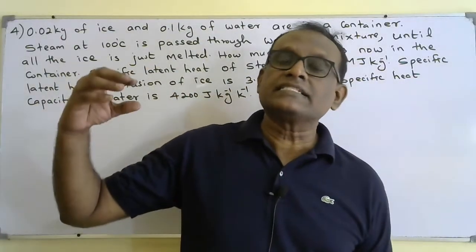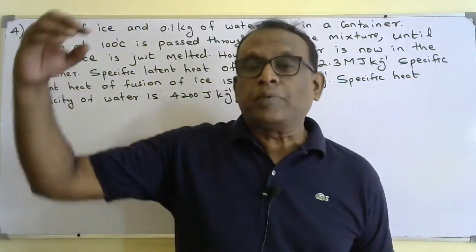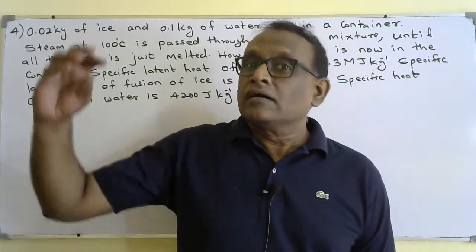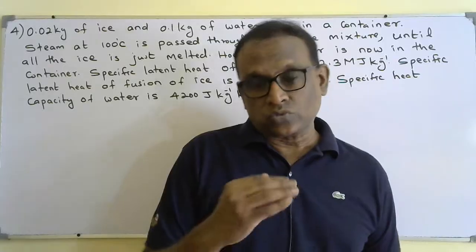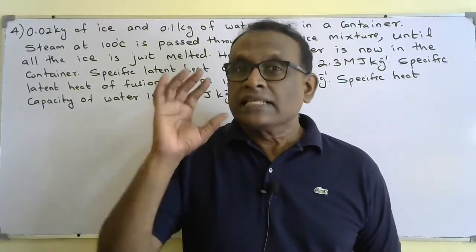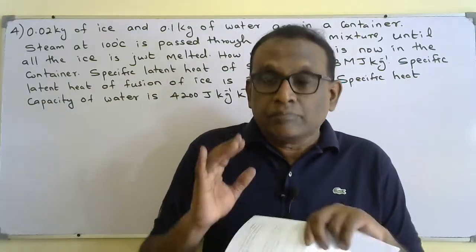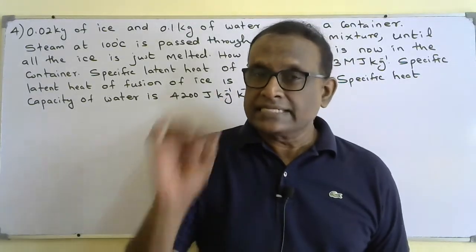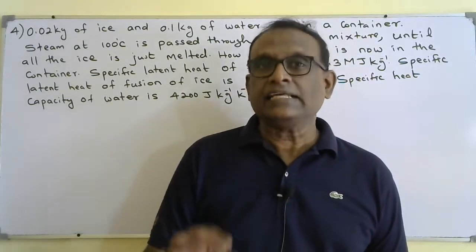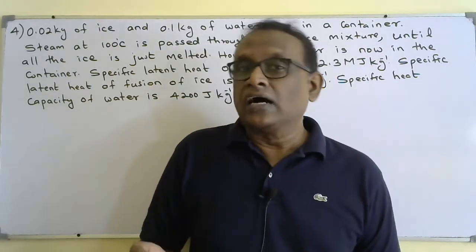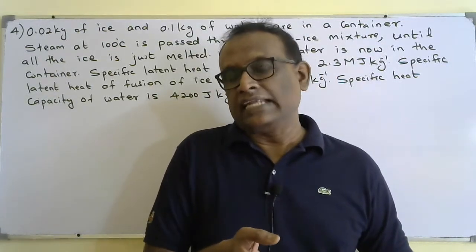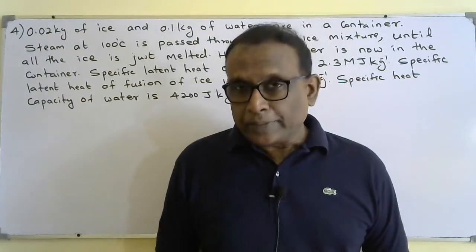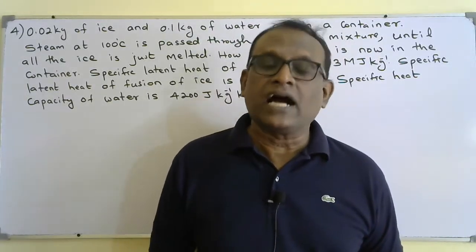So what happens when 100 degrees Celsius steam passes through the ice water mixture? First, the steam will condense and become water at 100 degrees Celsius. When steam condenses, there's a latent heat. We don't say latent heat of condensation, but vaporization and condensation happen at 100 degrees Celsius.